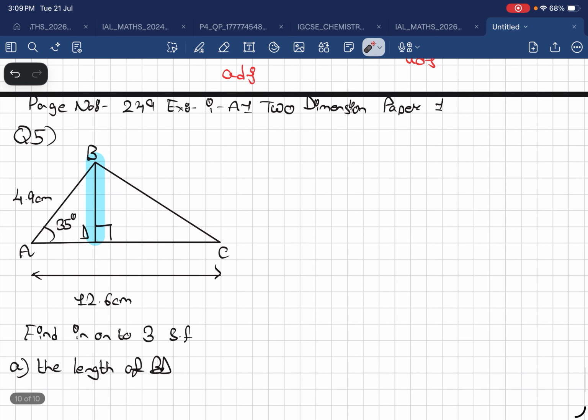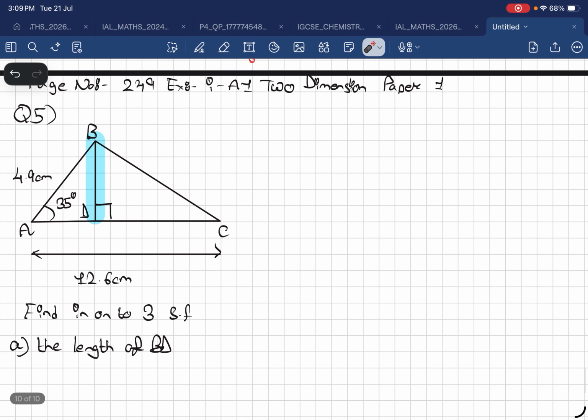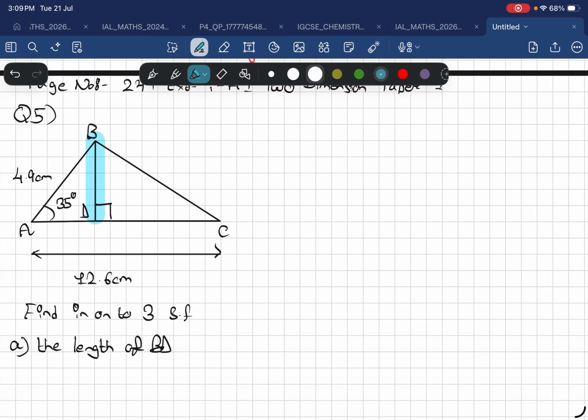So see, we are given an angle and a side AB, and it told us to find BD, which is this side. Do you guys remember what I just told you? The side opposite of the angle is opposite.